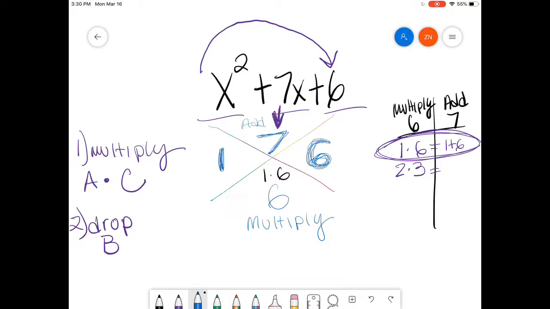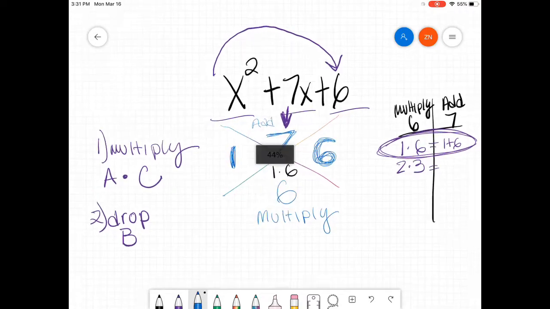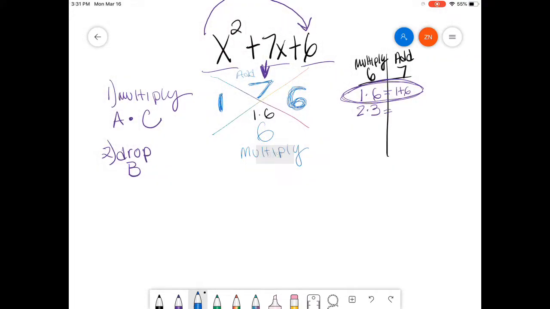Okay, so we're almost done here. How do I write my answer? Well, remember we're trying to work backwards here. So I'm trying to factor out something in order to write the factorization of this trinomial. If you remember using FOIL method, we had something written in 2 parentheses. After we FOILed, we combined like terms to get our trinomial or binomial or whatever we were working with. That's the same thing that applies here. We're working backwards to get that original problem.